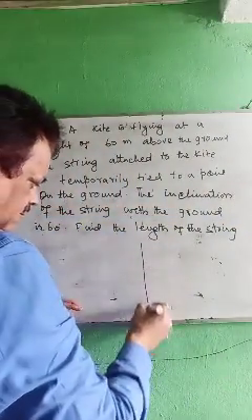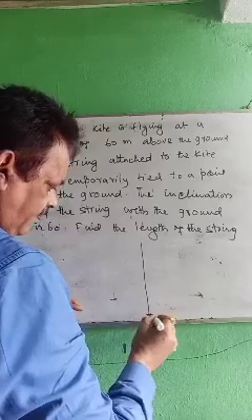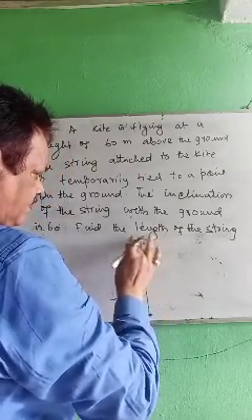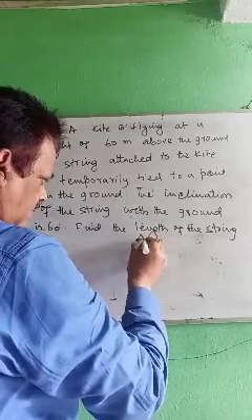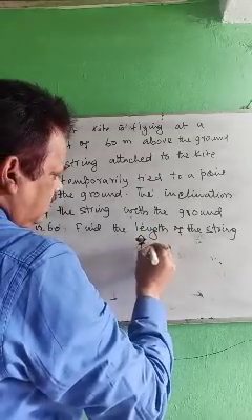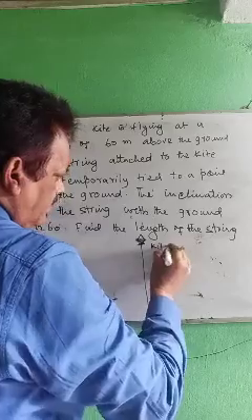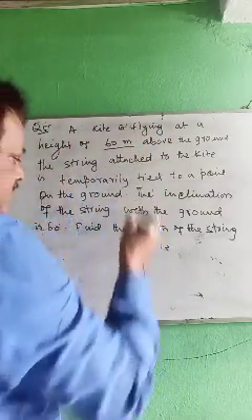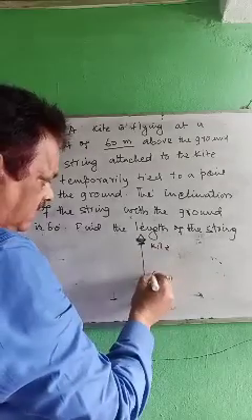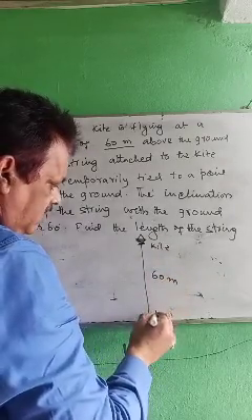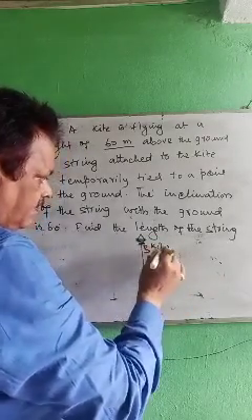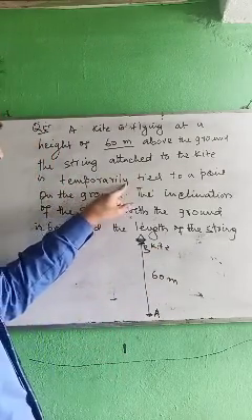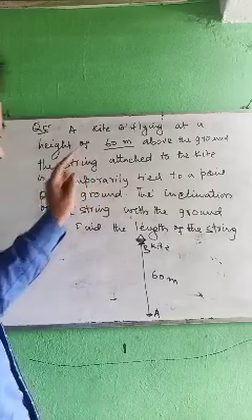Okay, suppose this is the point. Here is suppose the kite. Okay, this is your kite. The kite is flying at a height of 60 meter above the ground, means this height is 60 meter. Suppose this is point A, this is point B. The kite is tied to a string.